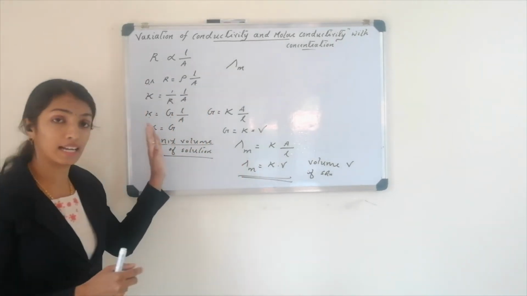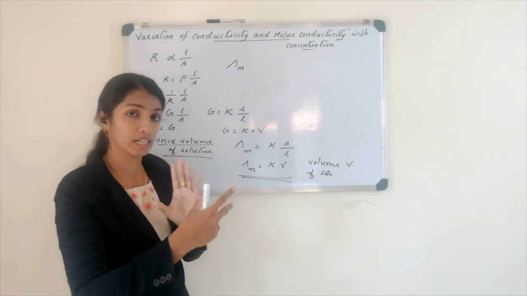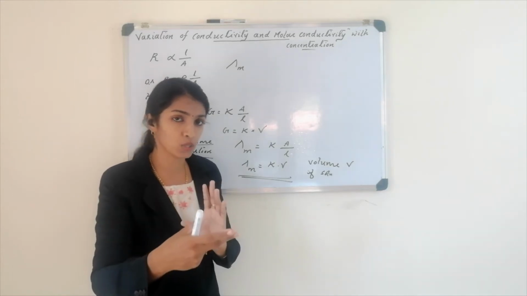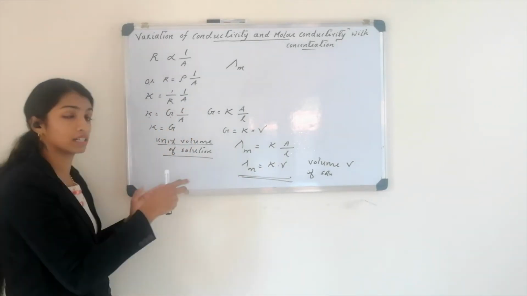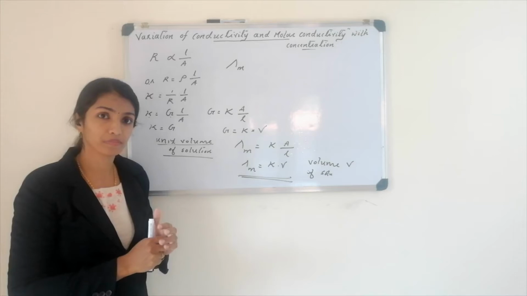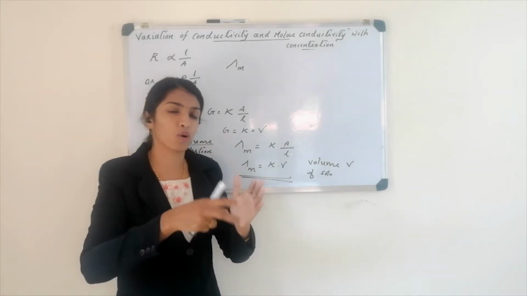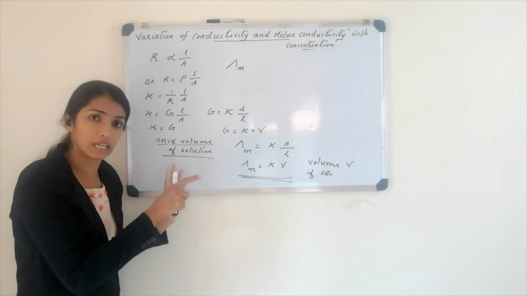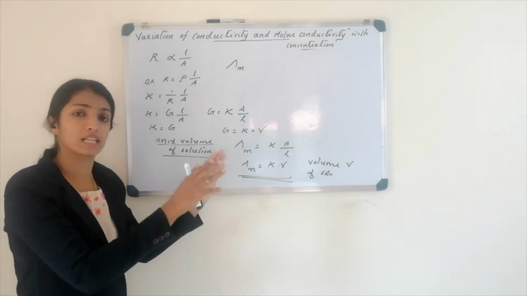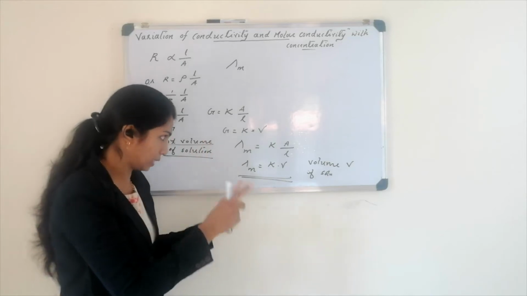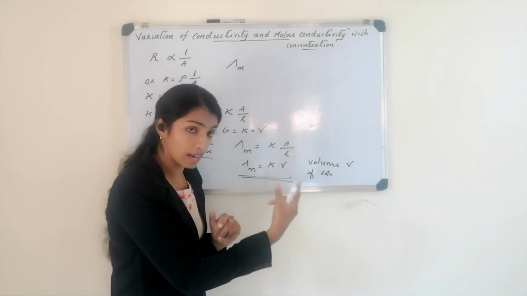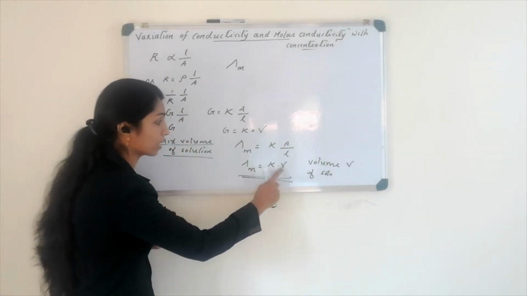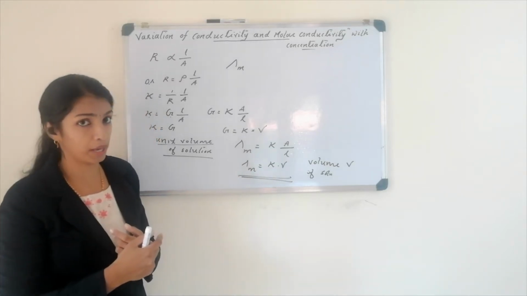But when we consider conductivity value, as concentration increases, conductivity value also increases, because conductivity is the conductance of unit volume of a solution. So if the concentration decreases, the number of ions per unit volume decreases, and definitely conductivity value decreases. But molar conductivity is directly proportional to volume.